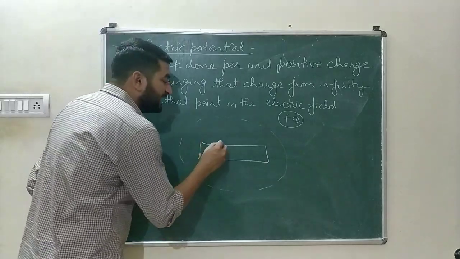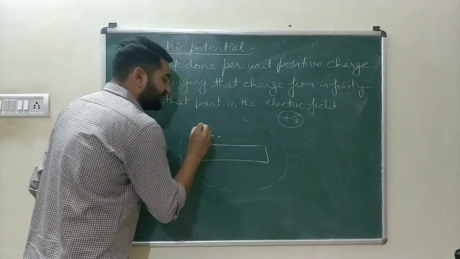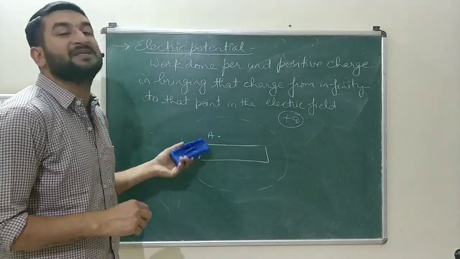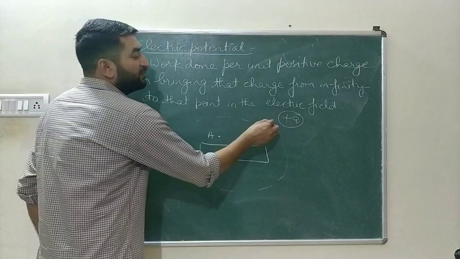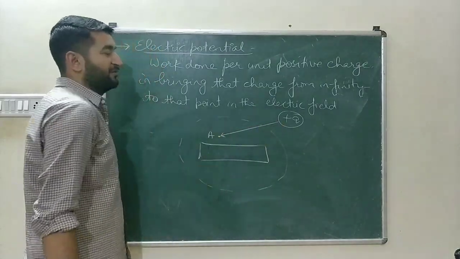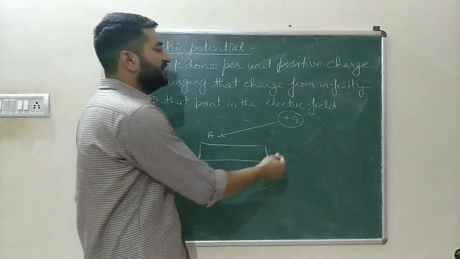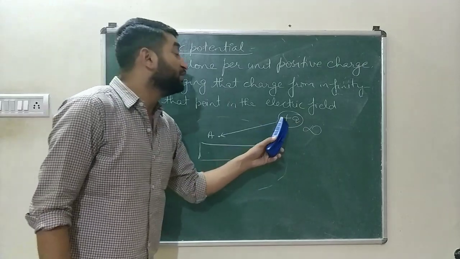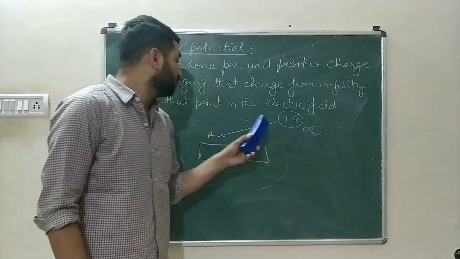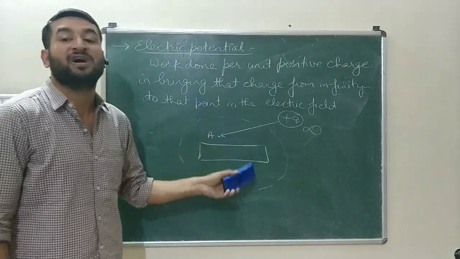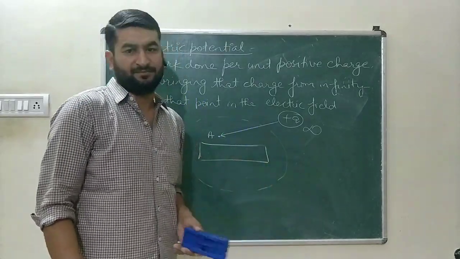We want to find the electric potential at this point A, which lies in the electric field. We bring the unit positive charge from infinity to this point. So when we bring a unit positive charge from infinity to a point in the electric field, there is work done per unit charge.